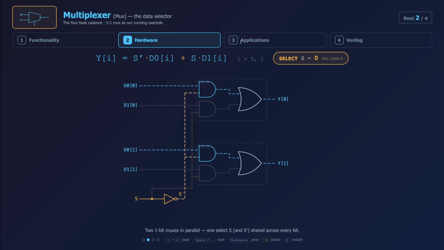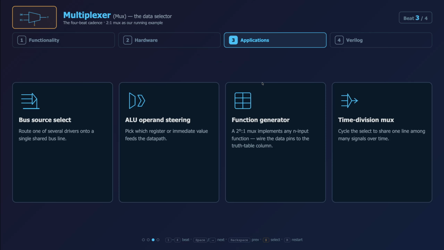Okay, so next let's talk about applications. All right, lots of applications. You could take a bus of data and route different things to a certain line. Okay, so that's a popular application. Later on when you do computer architecture, you might have an ALU that has different operands, and you need to route registers to those operands.